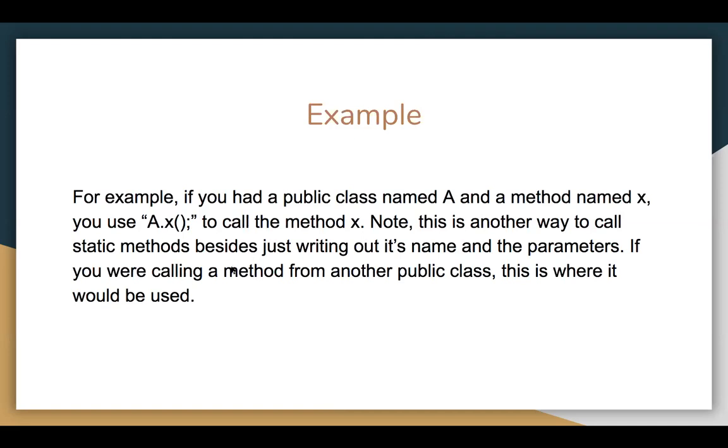If you were calling a method from another public class, this is where it would be used. This is useful when you're trying to access something from another file in the same folder. But generally, it would be fine if you just use the regular way, which is just X.